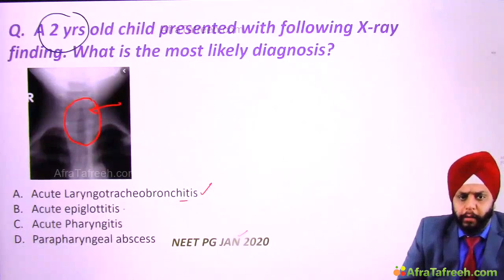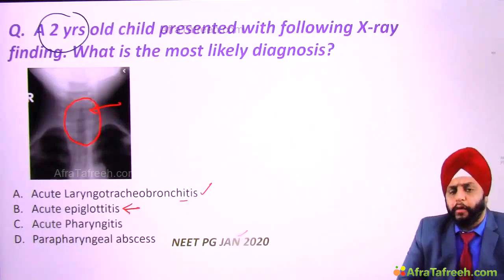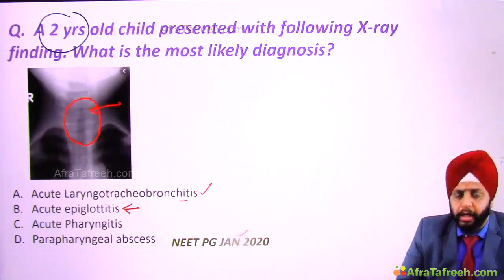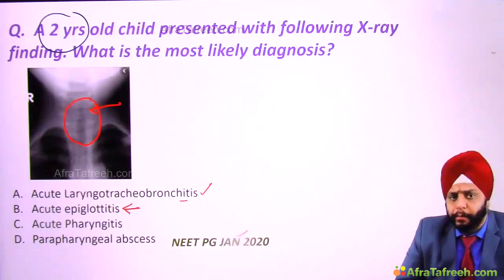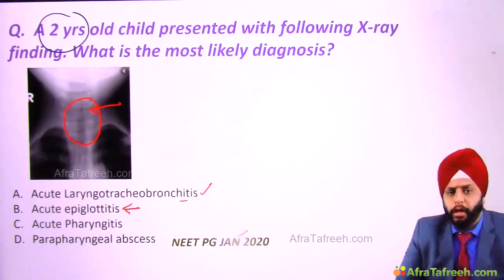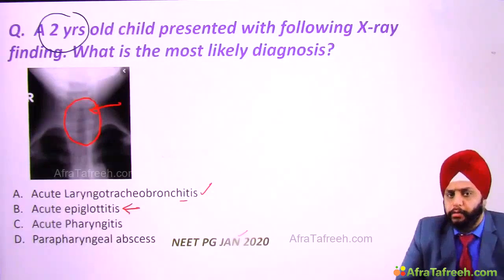Remember, acute epiglottitis, you will have the thumb sign or the valvular sign. Both of them are seen in soft tissue neck lateral view. So here the view that is given to you is the PA view, or maybe the AP view. You cannot completely see because the X-ray is small, but it is not the lateral view. So acute epiglottitis is ruled out.